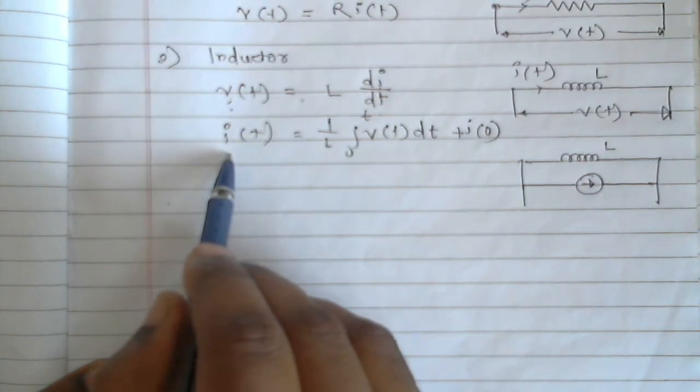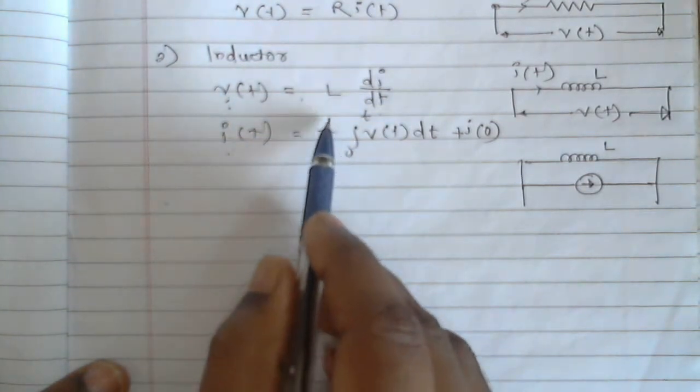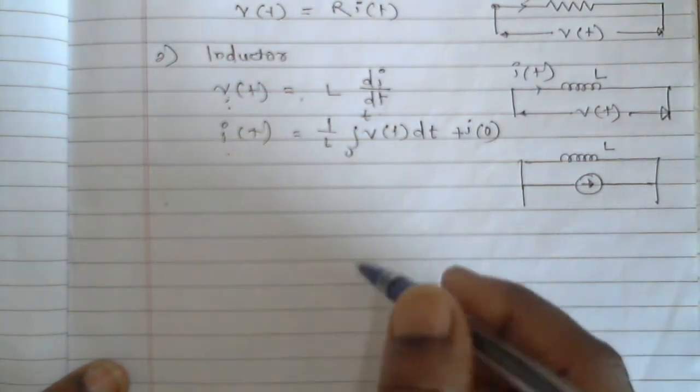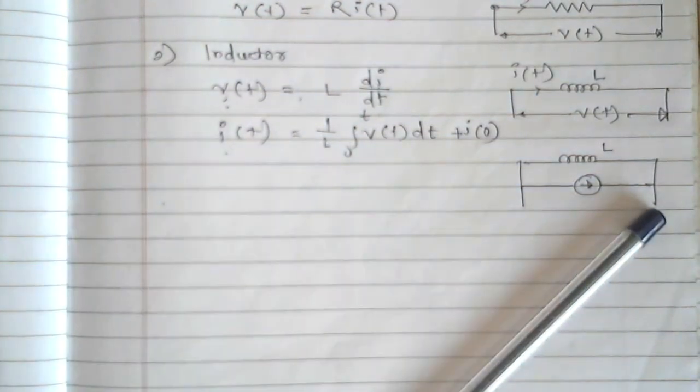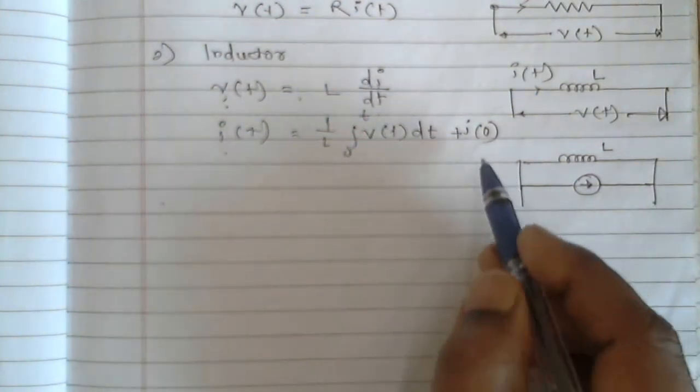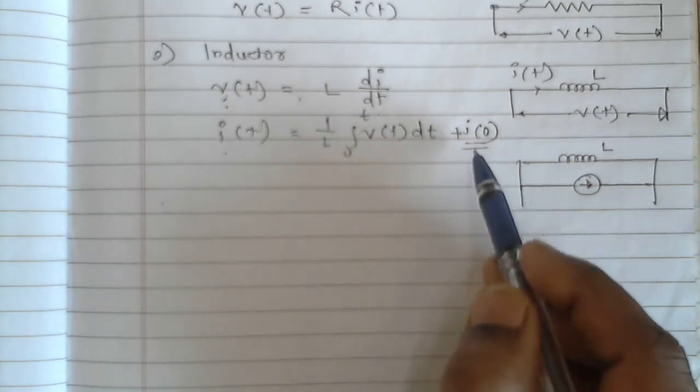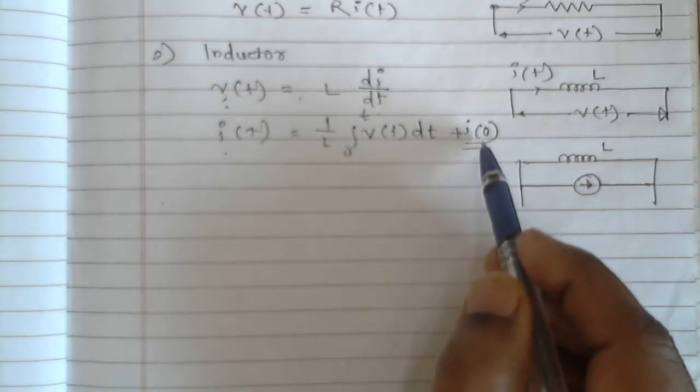So what is the current? Current is given as i(t) equal to 1 by L integration from 0 to t of v(t) dt plus i(0). What is i(0)? i(0) is the initial current in an inductor, if any.